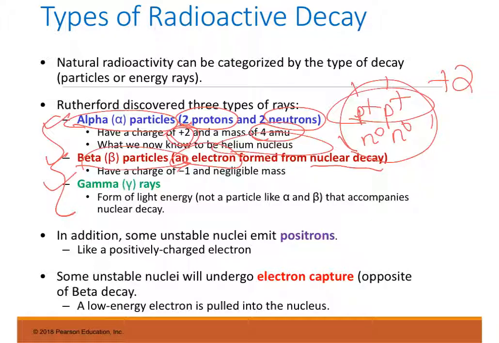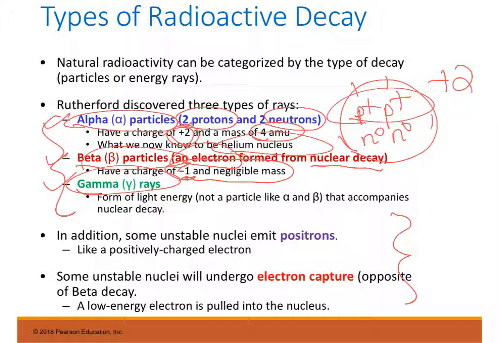All right, so because they're identical to an electron, they have a charge of -1 and a mass of close to 0. A gamma decay is not a particle. It is the highest energy electromagnetic radiation or light that we know of, and it normally accompanies alpha and beta decay.